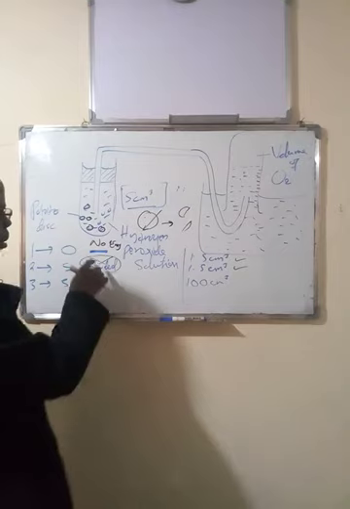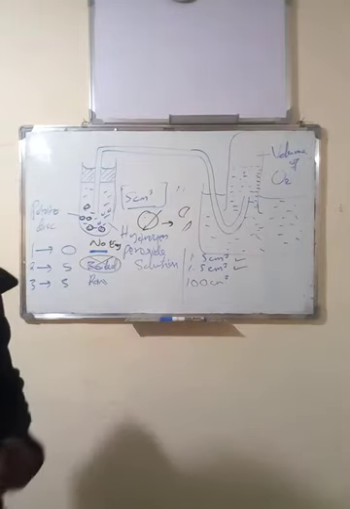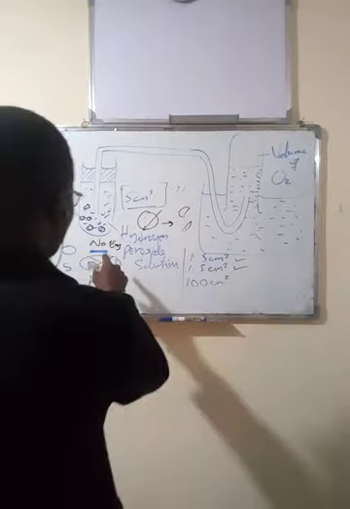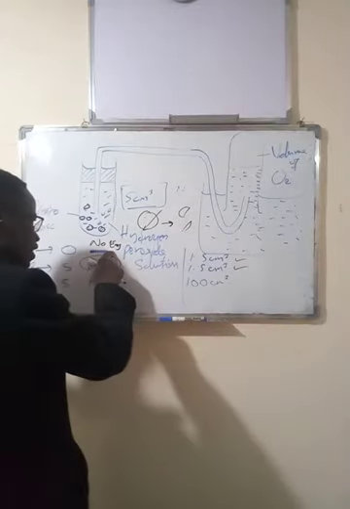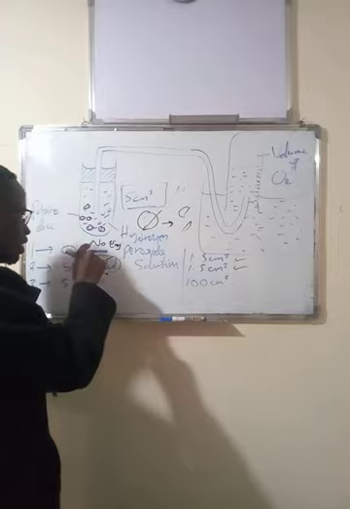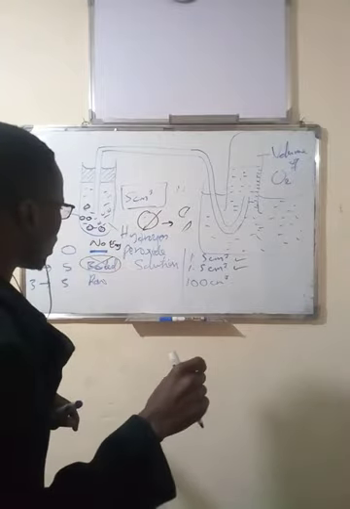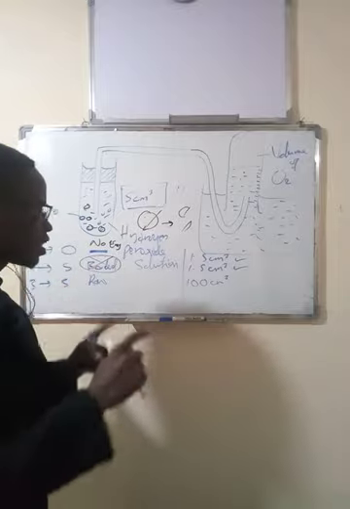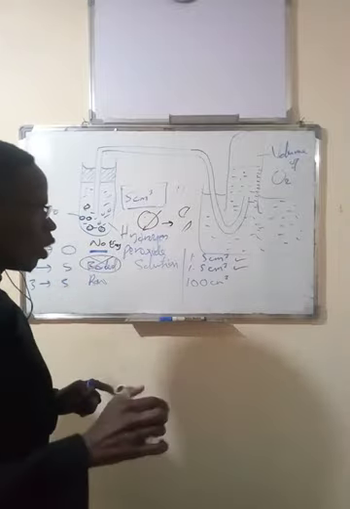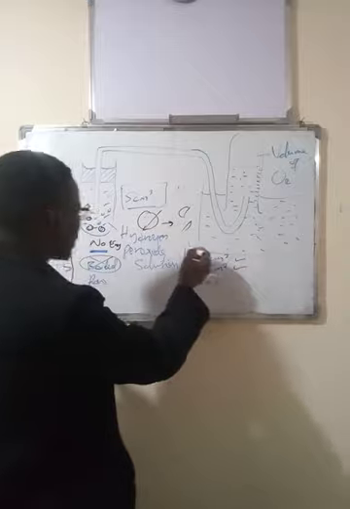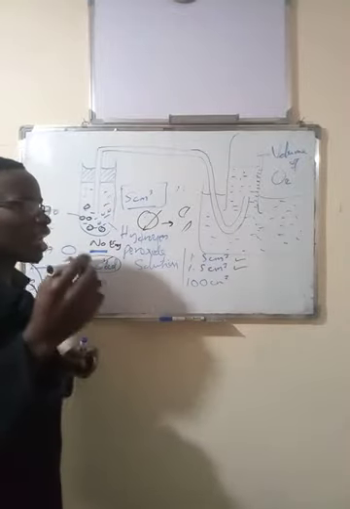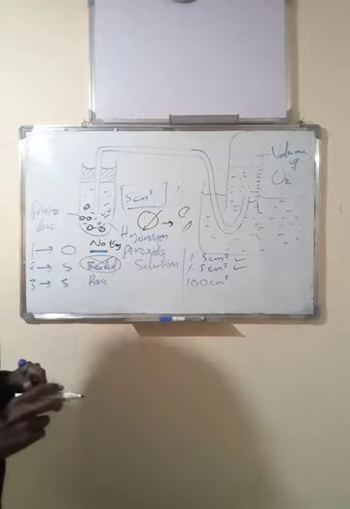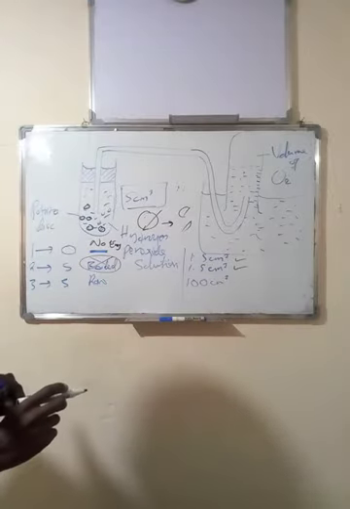Remember I said that in the first experiment there was no enzyme because there were no potato discs. In the second experiment there were potato discs, but they were boiled, hence we had no enzymes at all. So this is why the first and the second experiment are producing the same volume of oxygen.